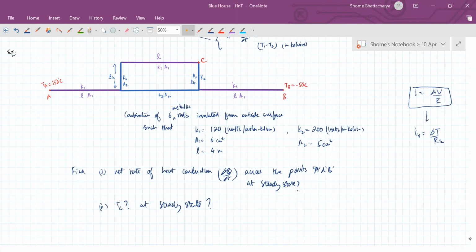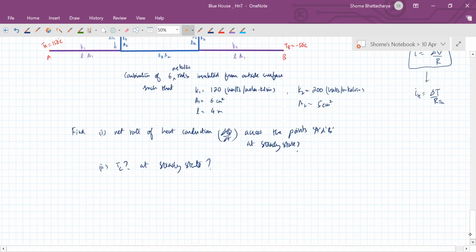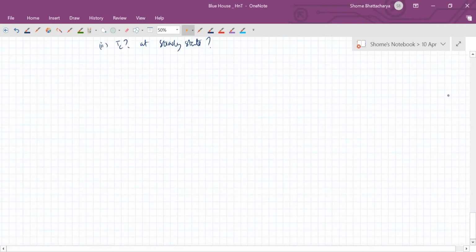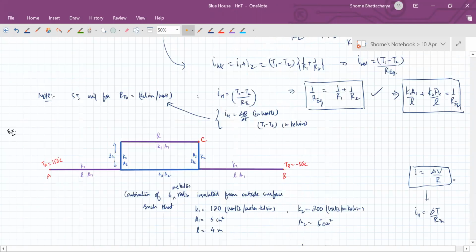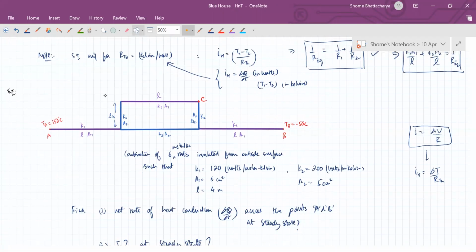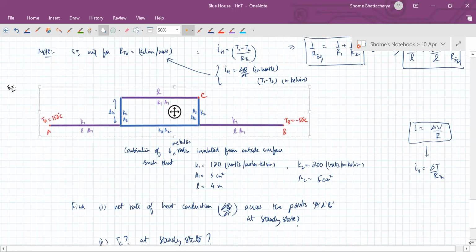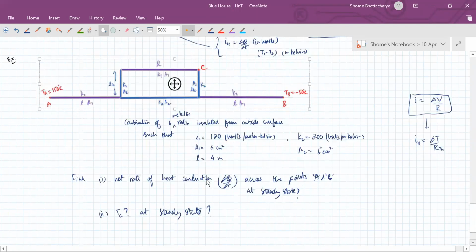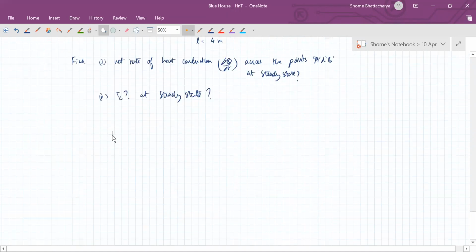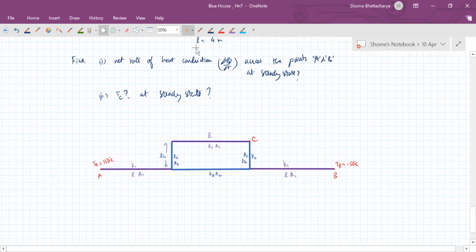Okay, so let us look at the equivalent circuit concept now. For the equivalent circuit, first of all, I will name these other points also.